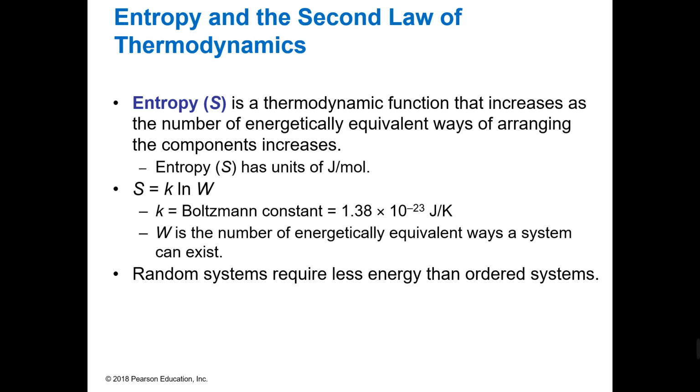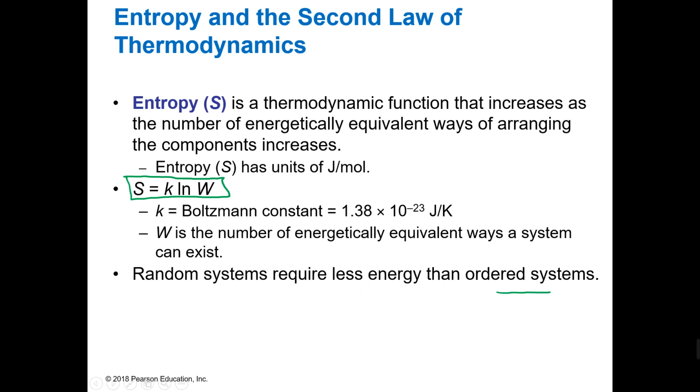Now, entropy, S, is simply this. We're back to another K here, another constant. In this case, it's the Boltzmann constant, 1.38 times 10 to the minus 23 joules per Kelvin. W is the number of energetically equivalent ways a system can exist, and random systems require less energy than ordered systems.